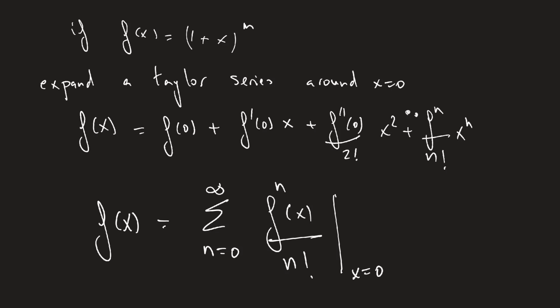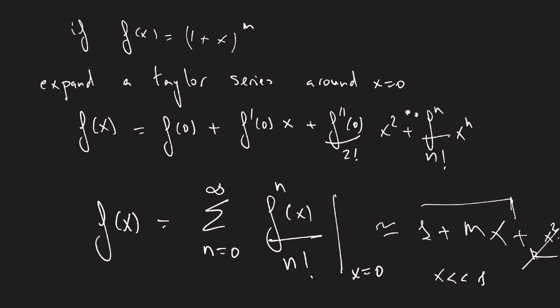If you do this for this function, you will find that the first two terms will be 1 plus mx, and there are other terms that I have neglected because they will contain x squared and higher powers. When x is very, very small, I can neglect all the other terms.